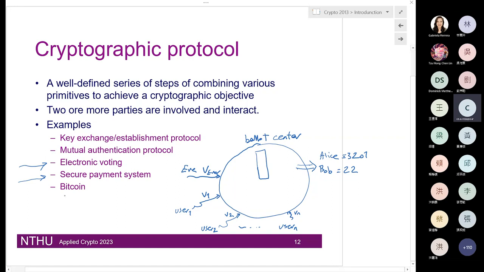I think another protocol that is very famous these days is Bitcoin itself. In Bitcoin, we have multiple parties, right? Let's say I own some Bitcoins and I want to spend my Bitcoin.